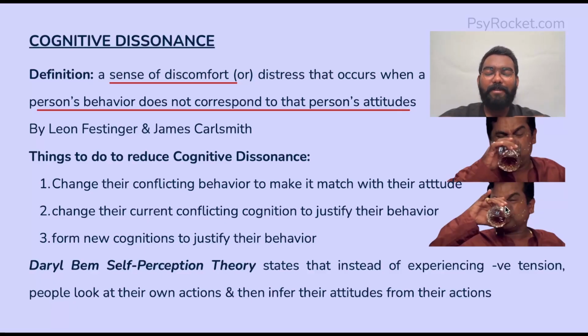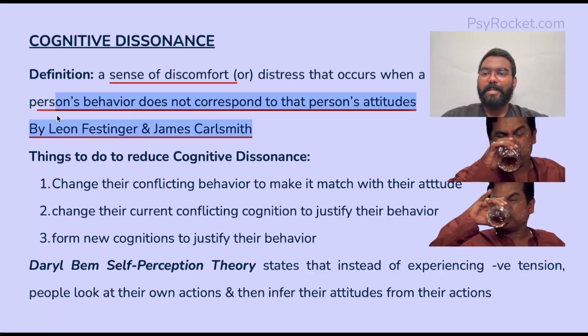Let us say you have an attitude that consumption of alcohol is morally bad. In reality, let us assume you are consuming alcohol every weekend or every day or something like that. Then you will get a sense of discomfort in yourself, which is called cognitive dissonance. This term was given by Leon Festinger and James Carlsmith.